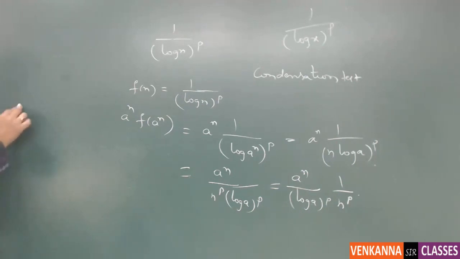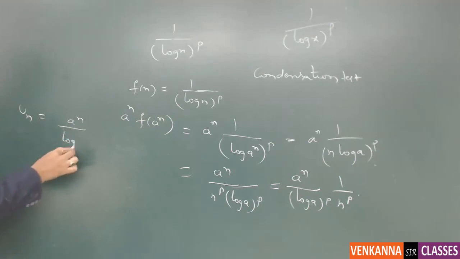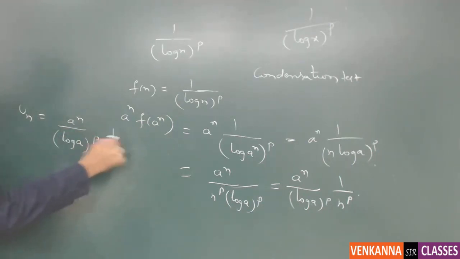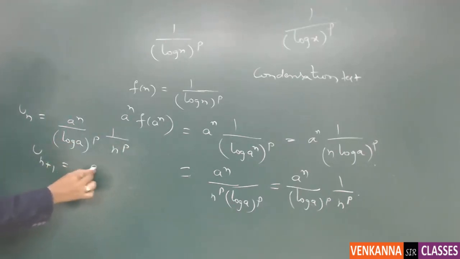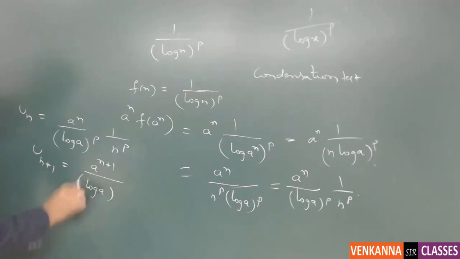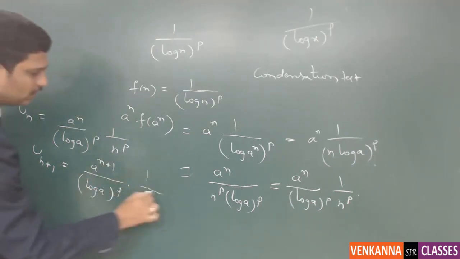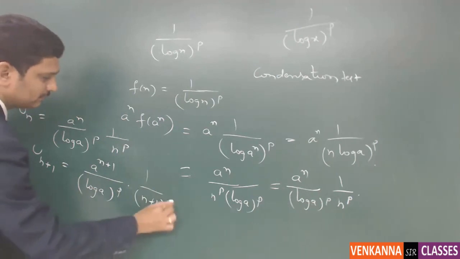So you take un is equal to, and u n plus 1 is equal to a power n plus 1 by log a whole power p into 1 by n plus 1 whole power p.